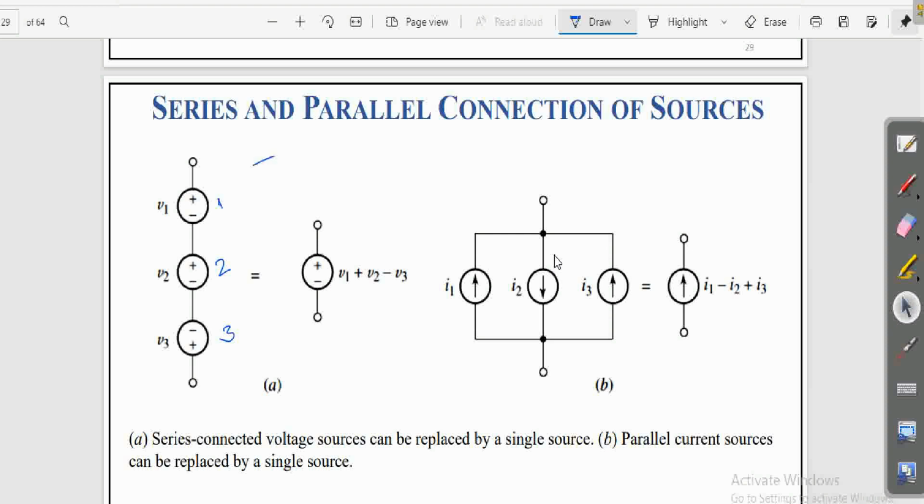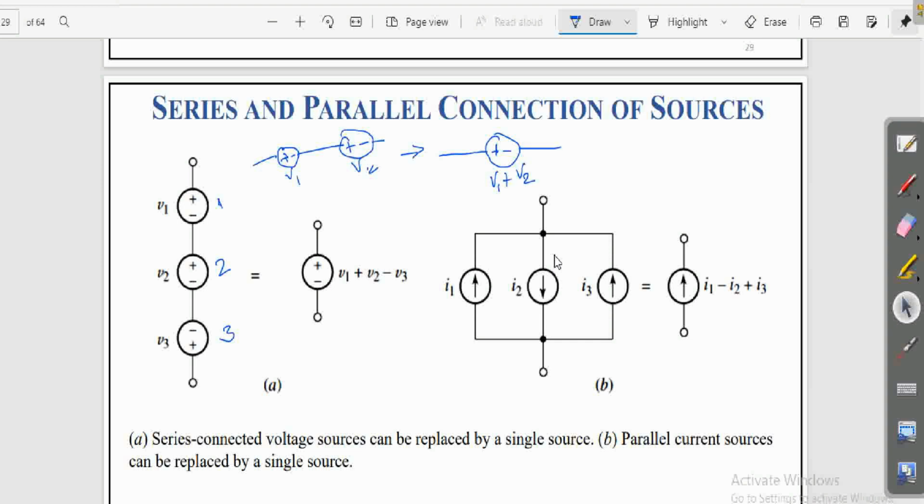It means that if I have a voltage source V1 here, and one more voltage source V2, then the equivalent circuit contains a single voltage source, V1 plus V2.